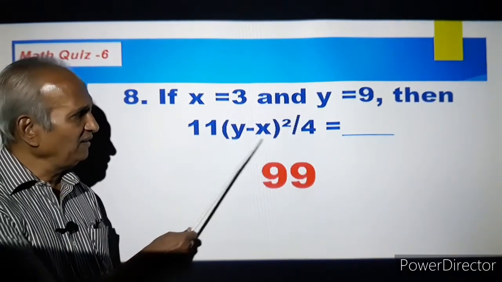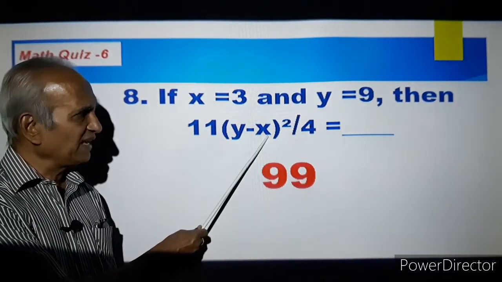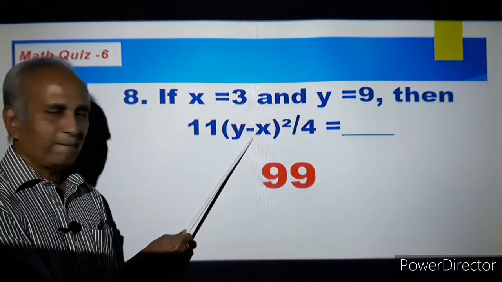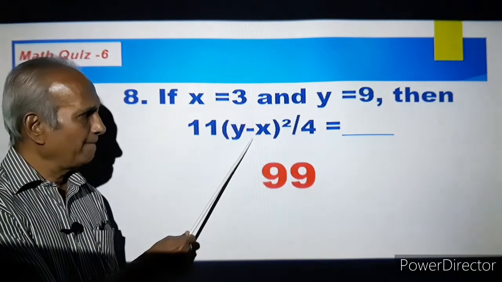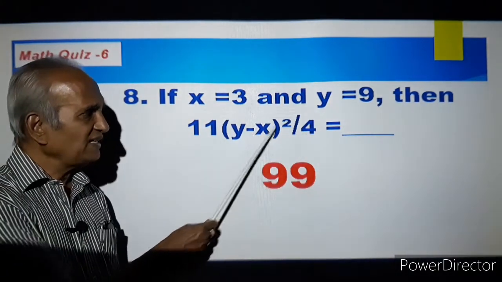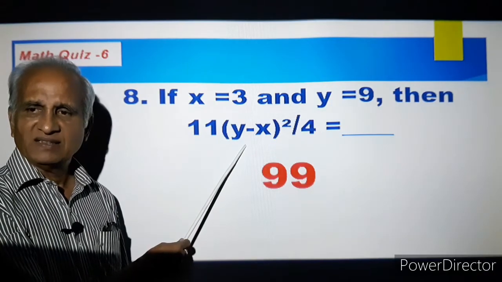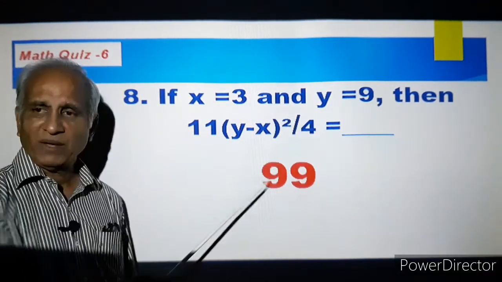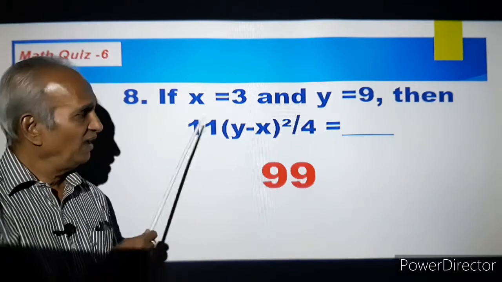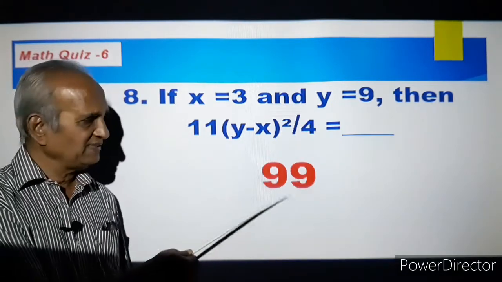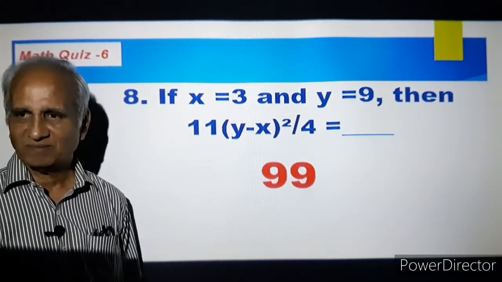Y is 9, x is 3, y minus x is 9 minus 3, that is 6. So 6 squared, it is 36. 6 6s are 36. 36 divided by 4, it is 9. 11 multiplied by 9, answer is 99.